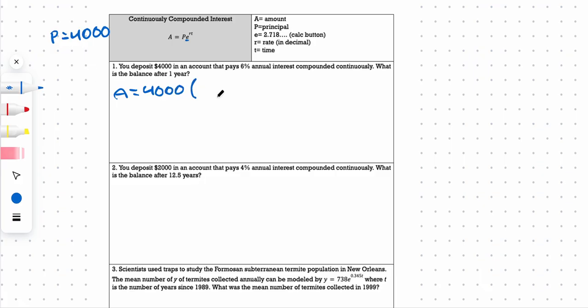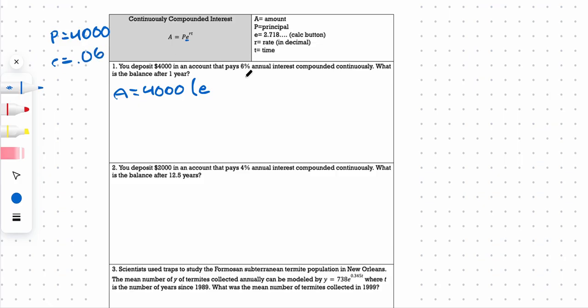And then E is just 2.718. So I'm just going to say E. E to the R times T. So R is going to be equal to 0.06.